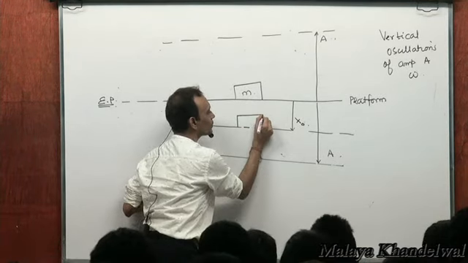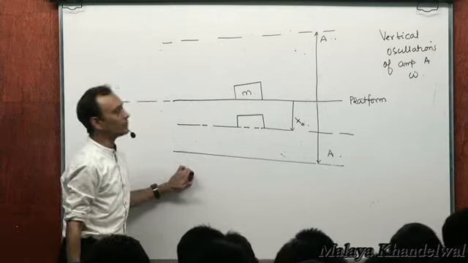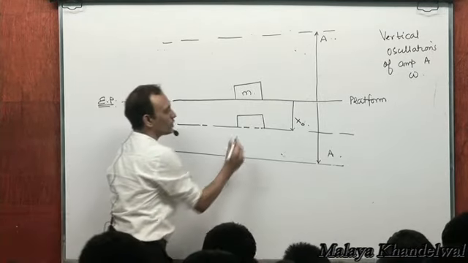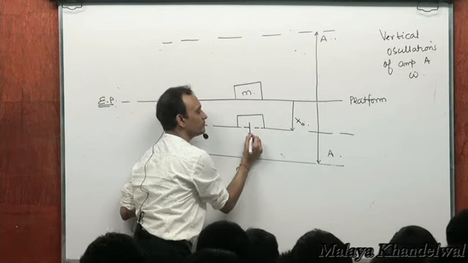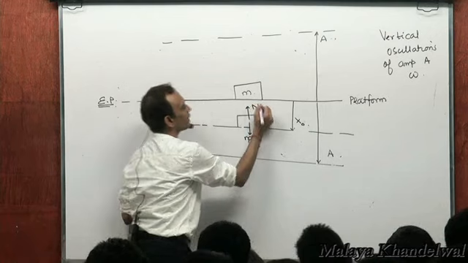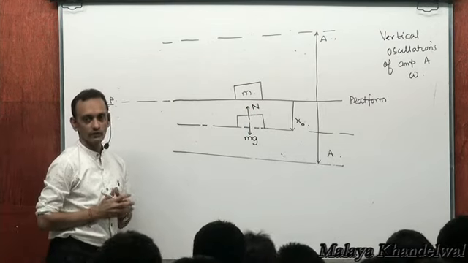Now, let me look at the free body diagram of M, the particle M. What are the forces that act on M? mg downwards, normal reaction upwards.